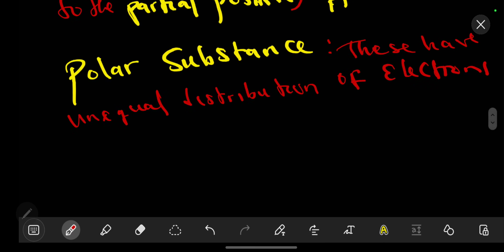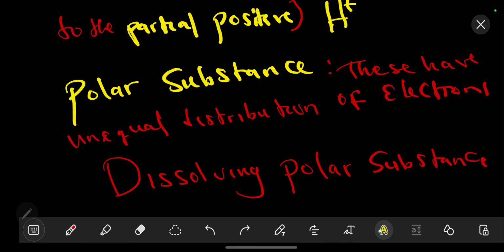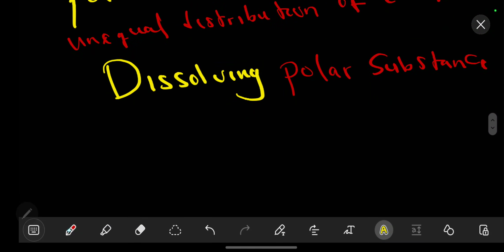Now water is not only able to dissolve ionic substances, which we looked at, but it is also able to dissolve other polar substances. So under this one, the approach is the same. So they dissolve polar substances. Now remember, polar substances must also have a partial negative and a partial positive.